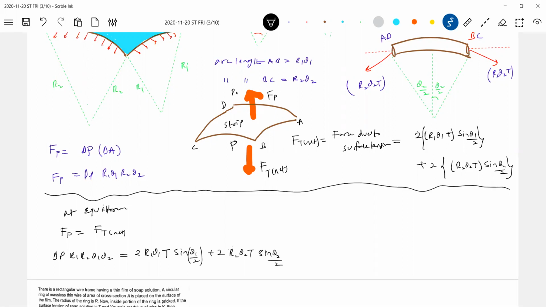So therefore the whole expression will become delta P. Theta will be very small. So therefore this will become 2 R1 theta 1 by 2. Okay, this 2 will get cancelled out. So R1 theta 1 square T plus R2 theta 2 square T.